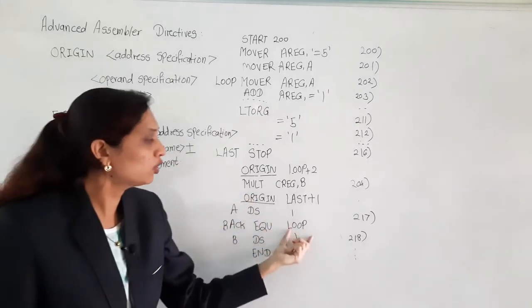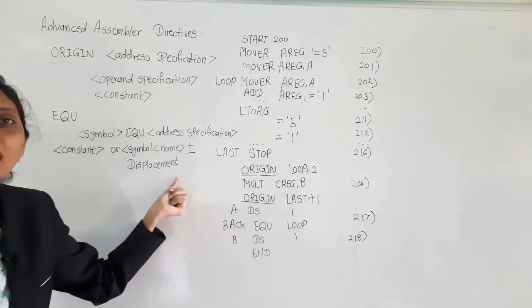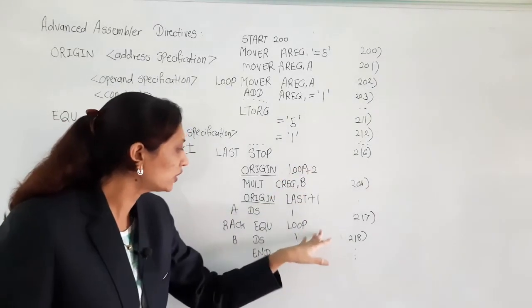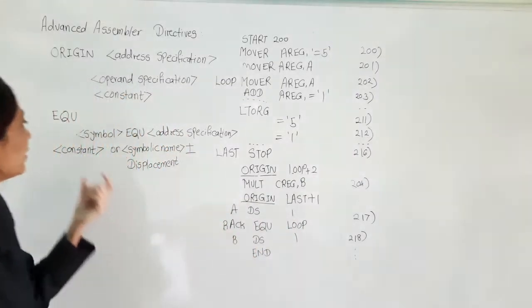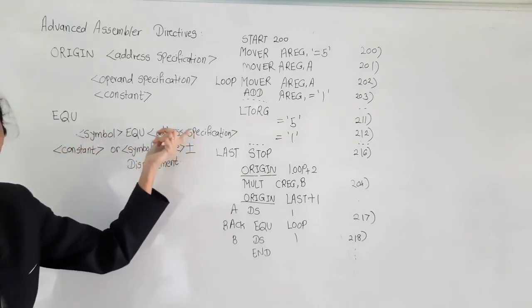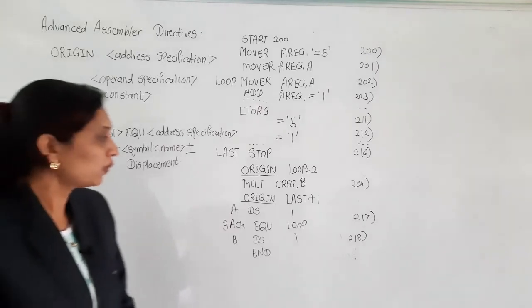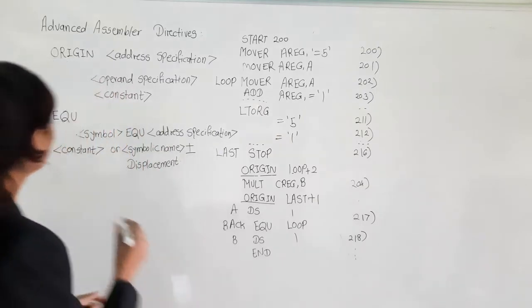The symbolic name is loop, and if we give plus 2, it means the displacement is 2, so after 202 comes 204, and 204 is considered as the address for back. In this way an alias is created for the address specified in the address specification. This is how the EQU assembler directive works.